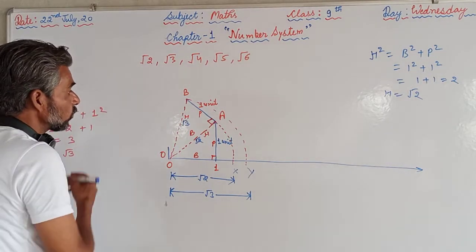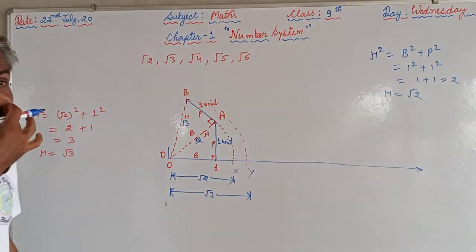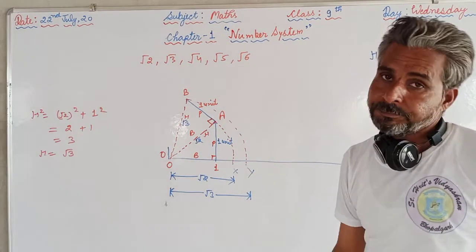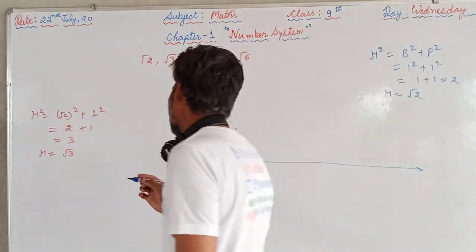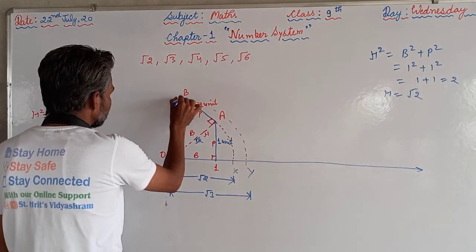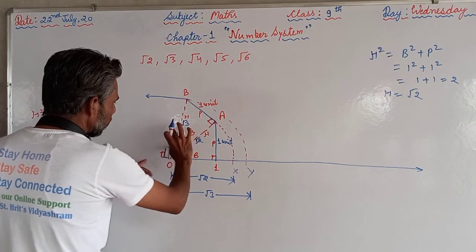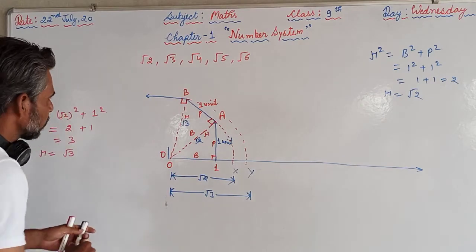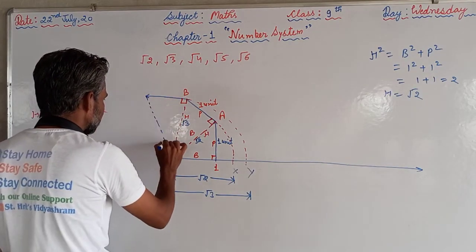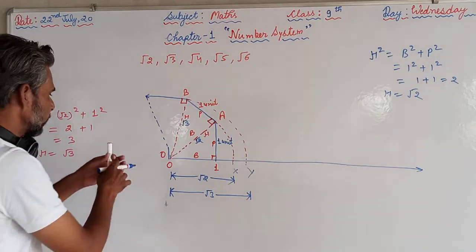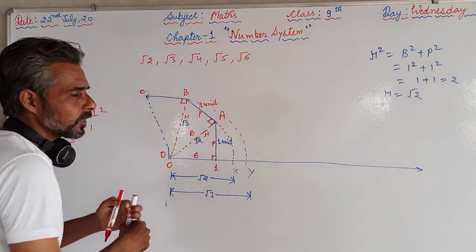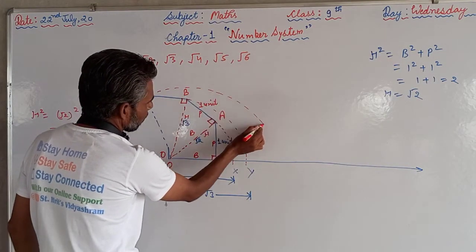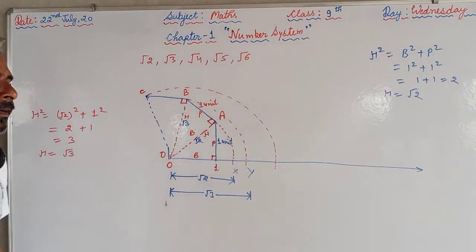Now for under root 4, under root 4 is very important because this will verify our construction, meaning whether we are representing correctly or incorrectly. So again we will draw the perpendicular on OB, meaning now this angle should be of 90 degrees. Again we will join this. Now we will take O as the center and OC as the radius, and we will again cut the number line.